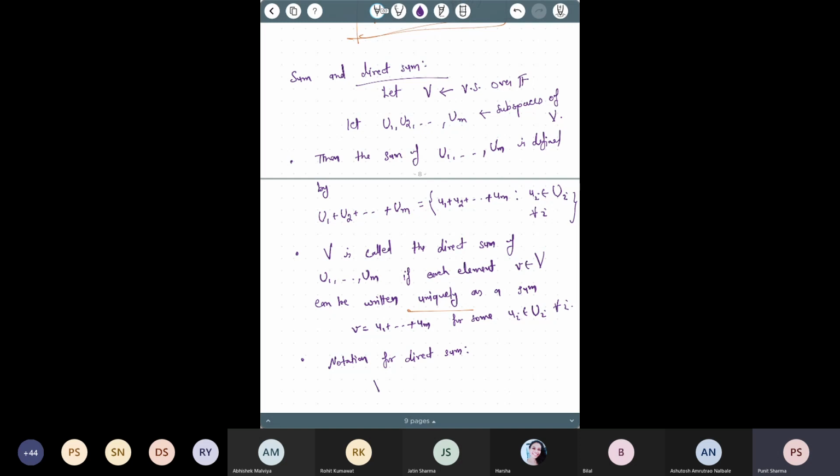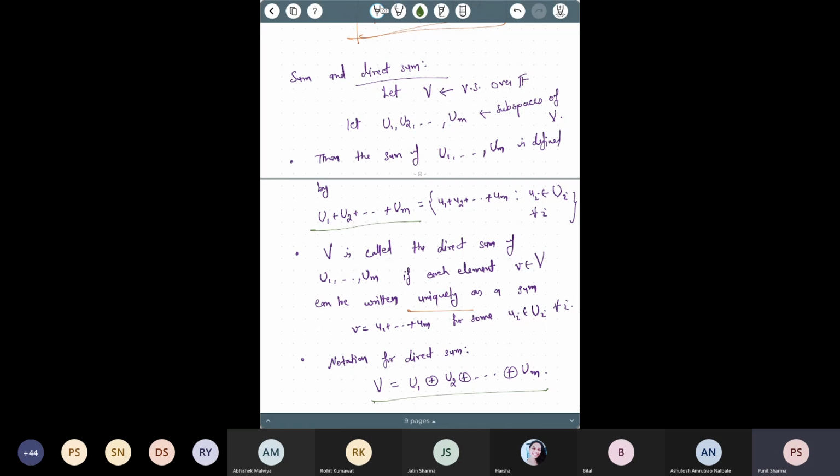So when V is the direct sum of the subspaces U1 to Um, then we write V as this, and so on up to Um. So this notation is just for the sum and this one is for the direct sum. This is just the definition.